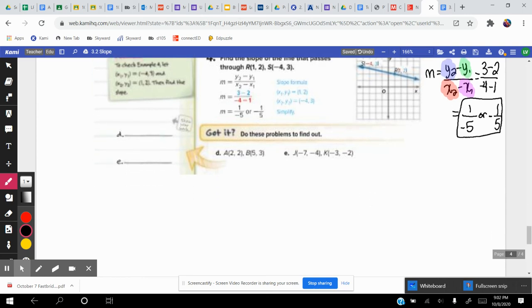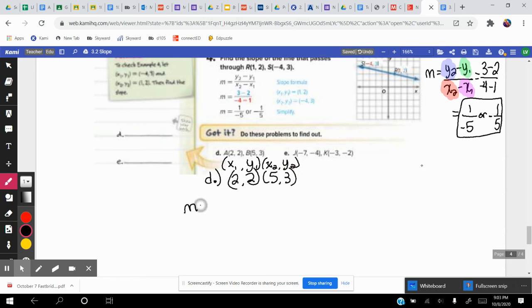Letter D. We have the points (2, 2) and (5, 3). We'll label the first point x1, y1. Then the second ordered pair, I'm going to do x2, y2.